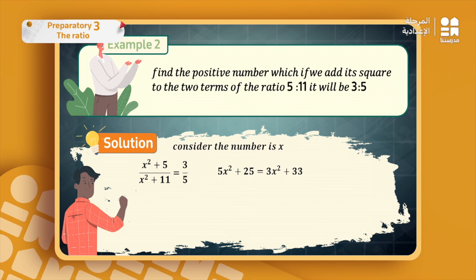ده ال left side. طب ال right side 3 by x squared هتكون 3x squared and 3 by 11 equals 33. وبكده معانا equation.